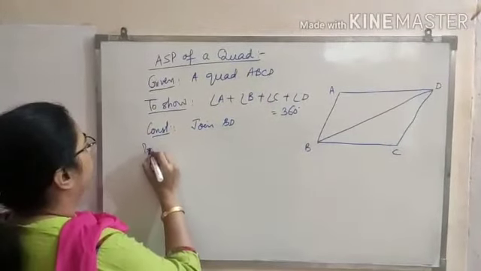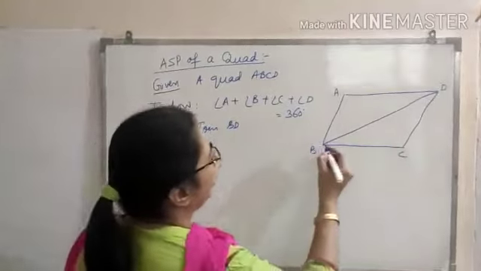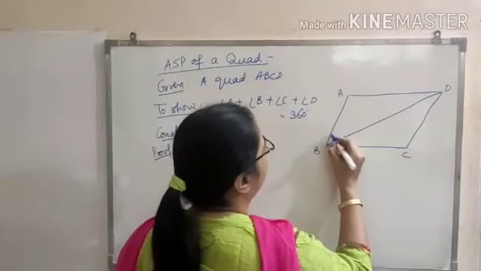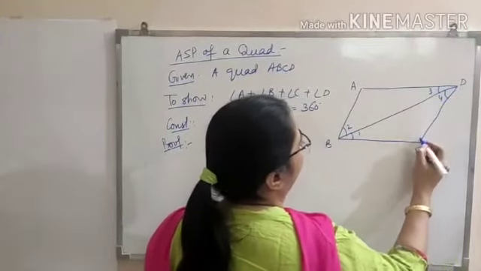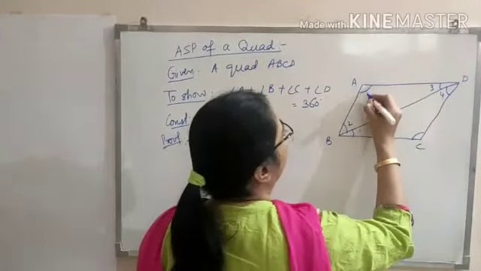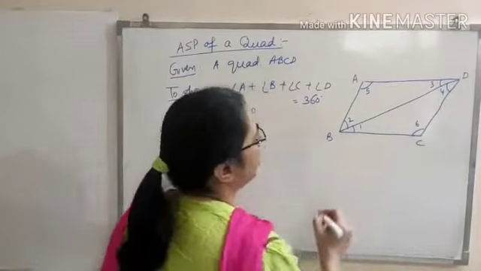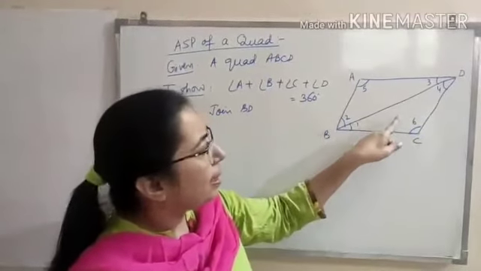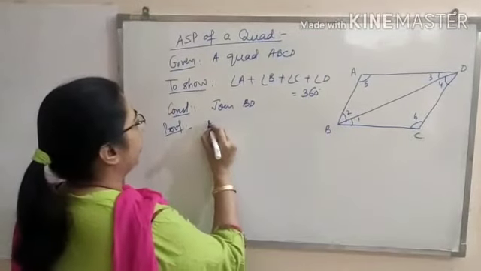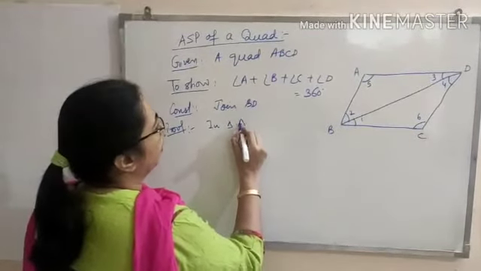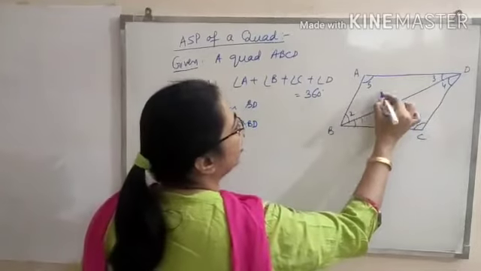Now what you will do? Now I name the angles as 1, 2, 3, 4 and these are 2 other angles, 5 and 6. I take 2 separate triangles and apply the angle sum property of a triangle. Now in triangle ABD, I am taking this triangle first.